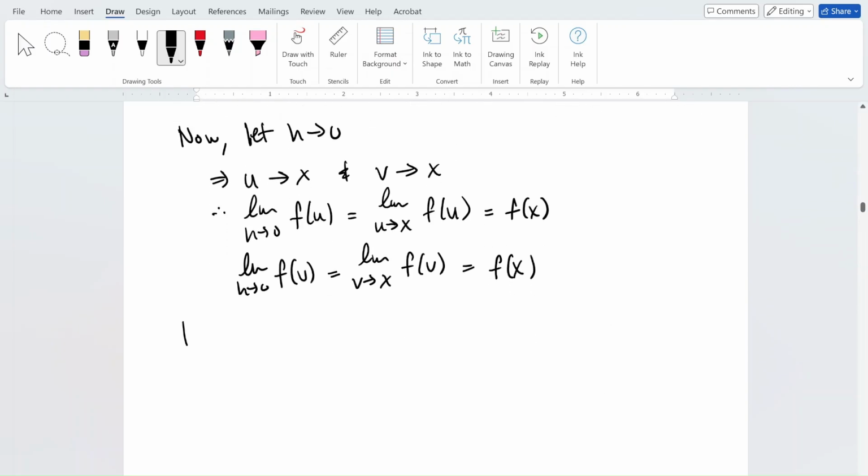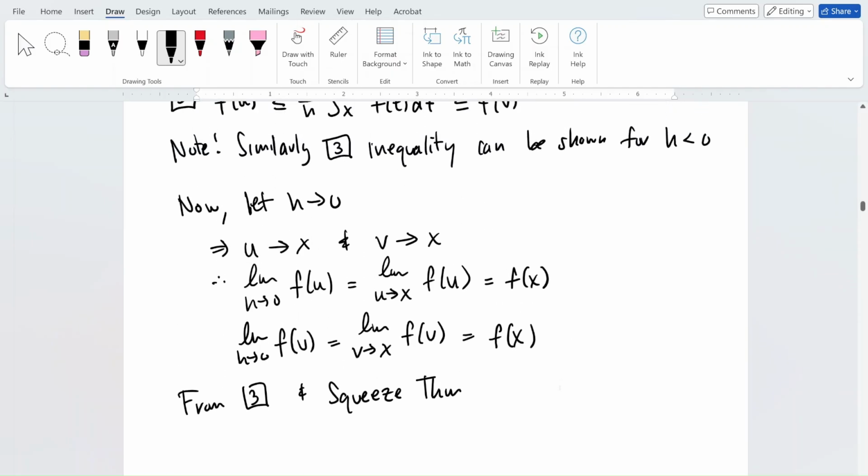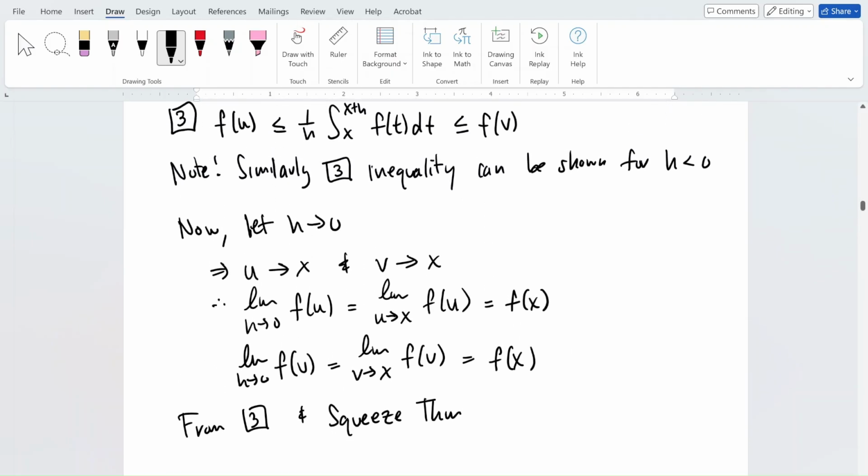So then, if I look at equation number 3 and I apply the squeeze theorem, taking the limit as h approaches 0 on it, you can see that the left-hand part of the inequality and the right-hand part of the inequality is the same value. So you can see the squeeze theorem. It's squeezing the 1 over h times the integral from x to x plus h of f of t dt.